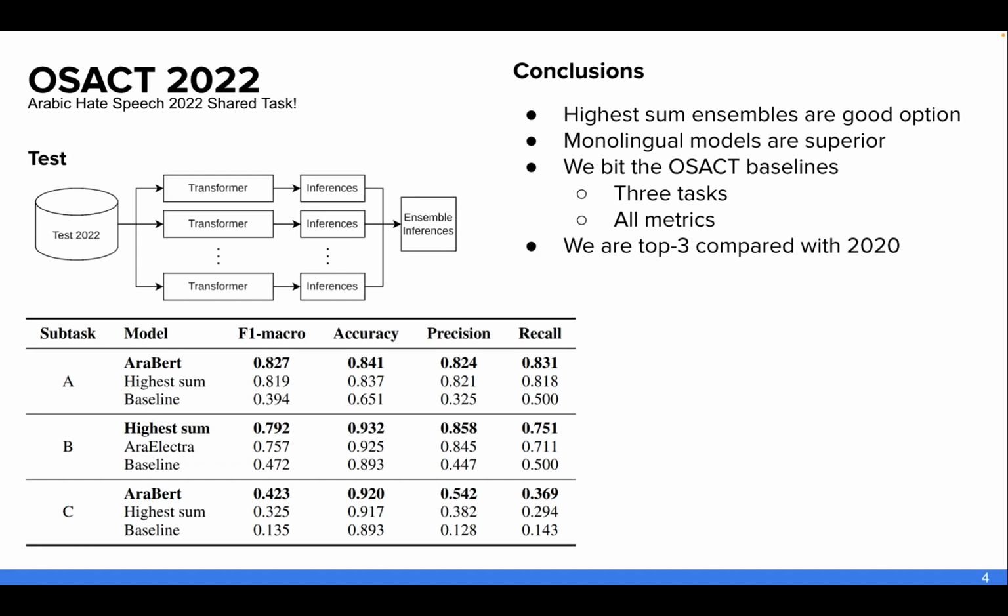Now I'm going to wrap up the presentation, highlighting the main points. First, the highest sum seemed a suitable way to aggregate monolingual model outputs, because we had our best results using this ensemble.